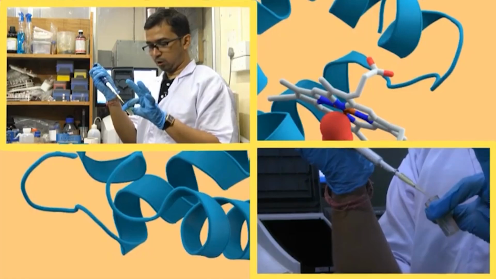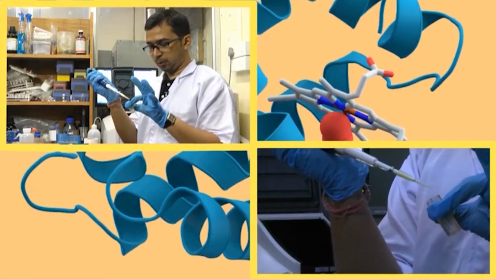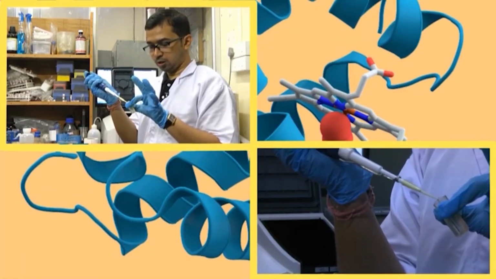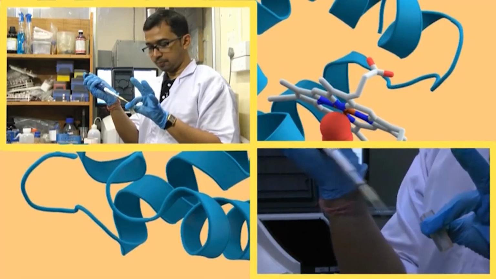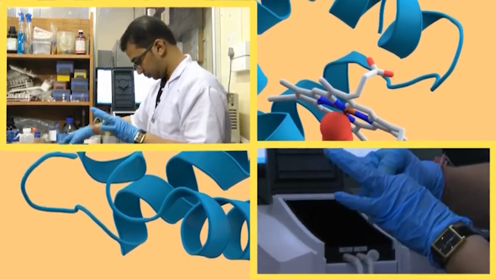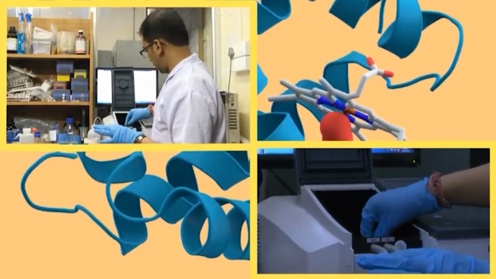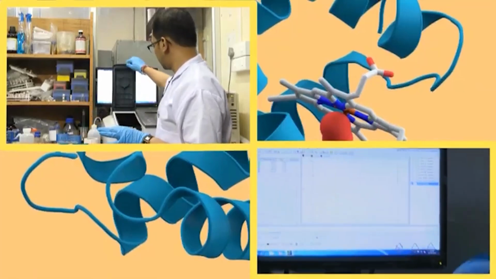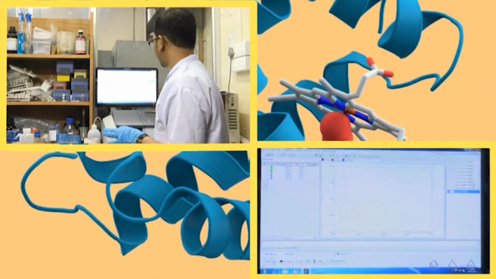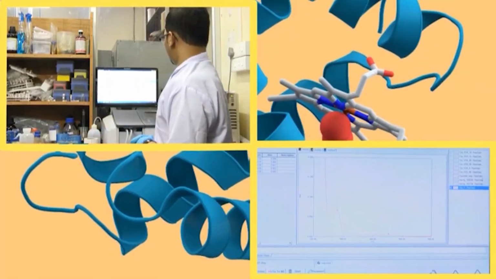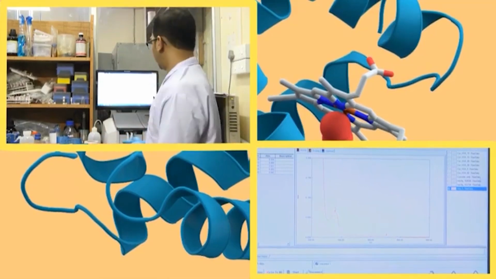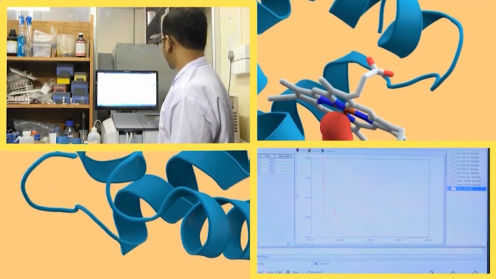Please note that bubbles are not formed out here. Sometimes bubbles are formed, so we have to remove the bubbles. Again we are transferring it. After auto zero, we will give it for measurement.